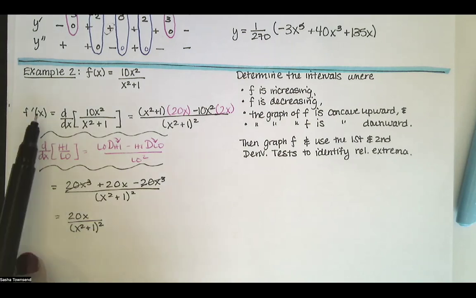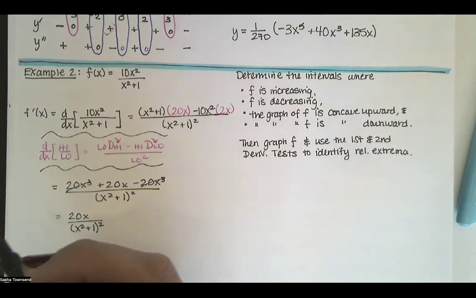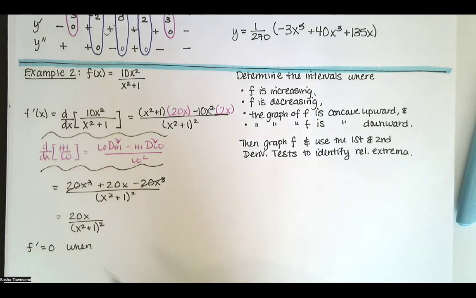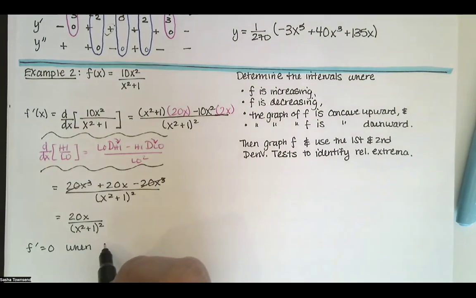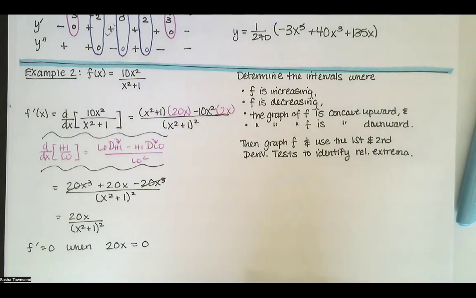We might say, well, f prime would be undefined when the denominator is 0, but the denominator is never 0. So we'll say, okay, I'm trying to find the critical number. So f prime is equal to 0 when the numerator is 0 and the denominator is non-zero. And this is already non-zero all the time. So that'll be 0 when the numerator is 0.